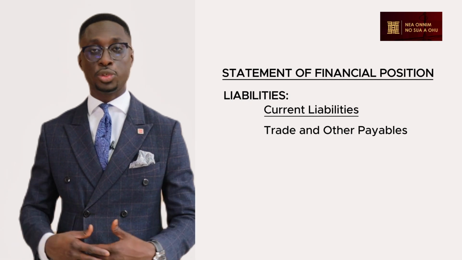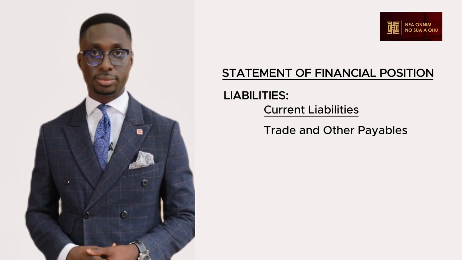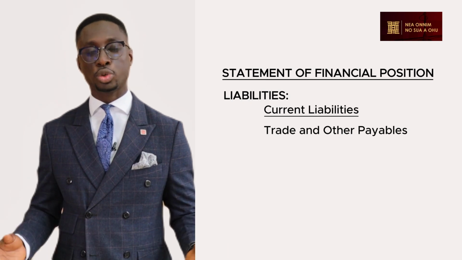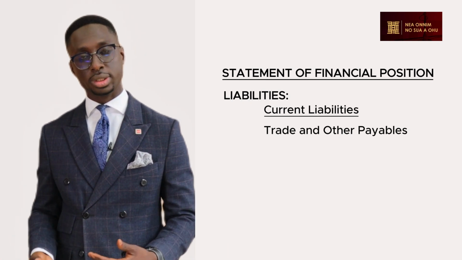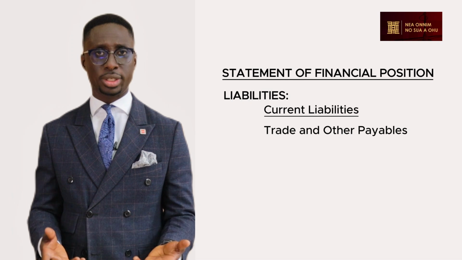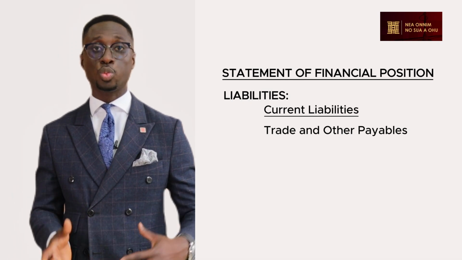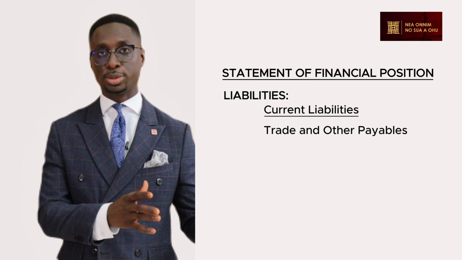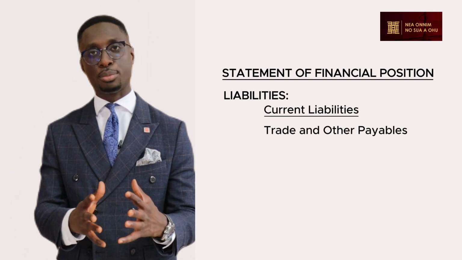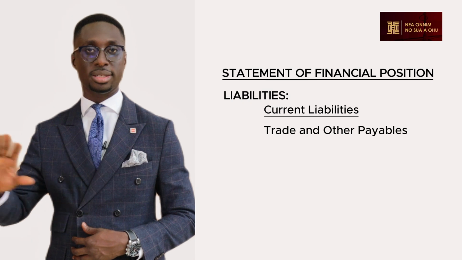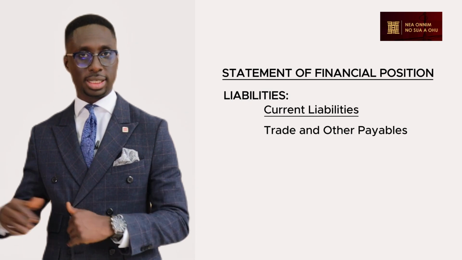So for instance, you went to buy stationery for your office operations, or you got water supplied to you, and you've not yet paid for it. Those are also payables. So together with the trade-related payables, the two are brought together, and that's how come we have trade and other payables. I hope that is clear.